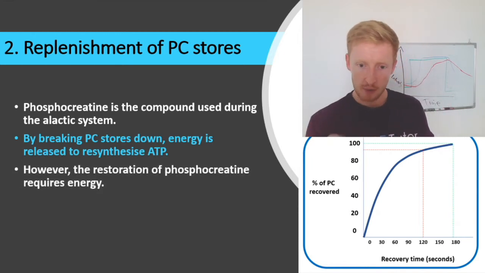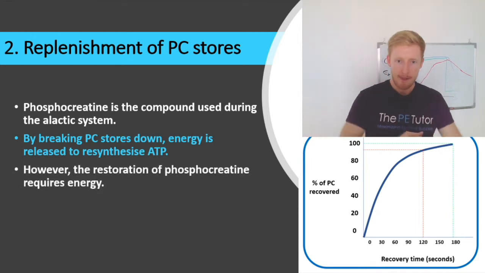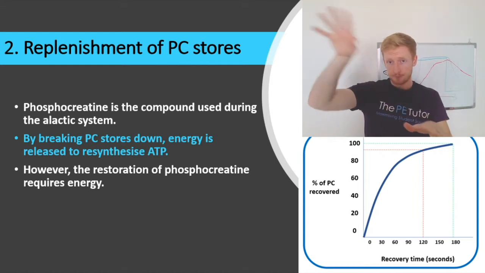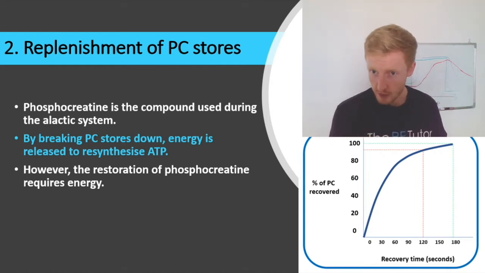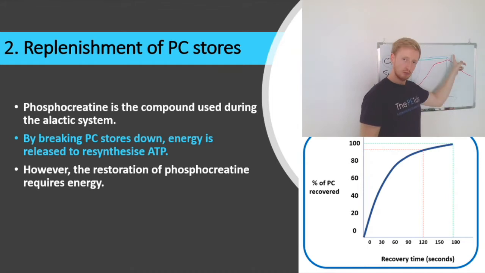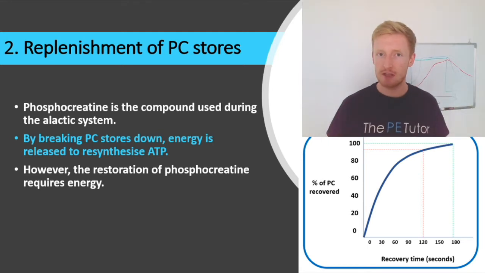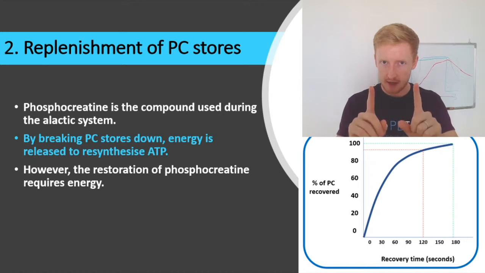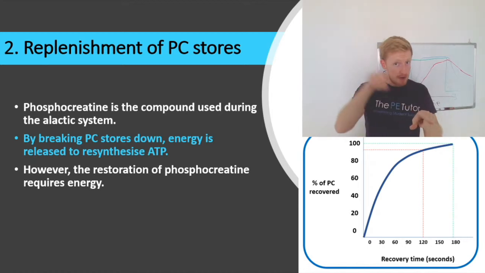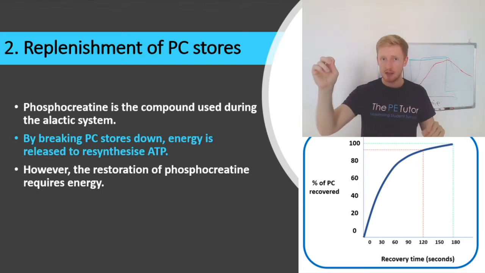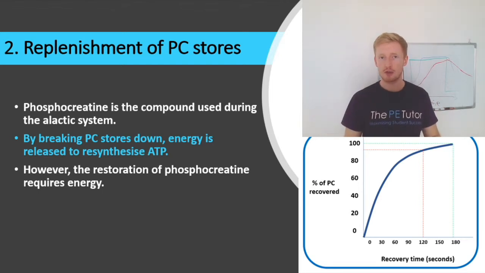Now this graph here, what you might be looking at, upward curve, roughly 3 minutes, the fast stage. Phosphocreatine roughly takes 3 minutes to replenish between 90 and 100% of its stores. I'll say that again. It takes 3 minutes to replenish 90 to 100% of phosphocreatine stores.